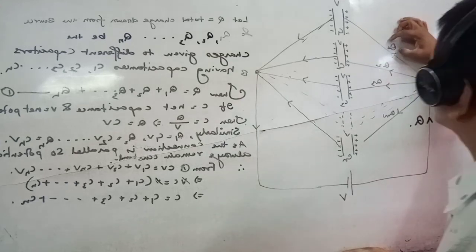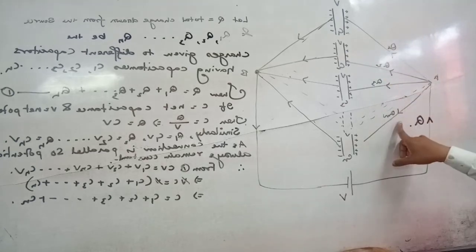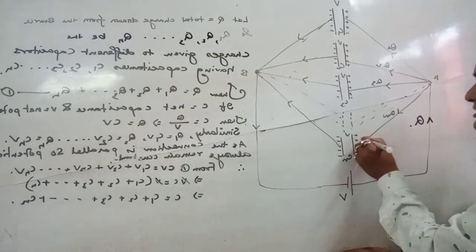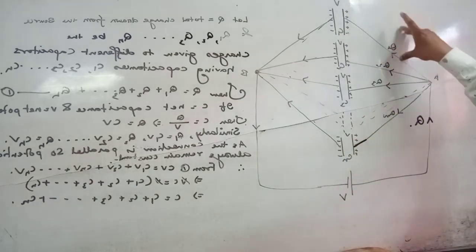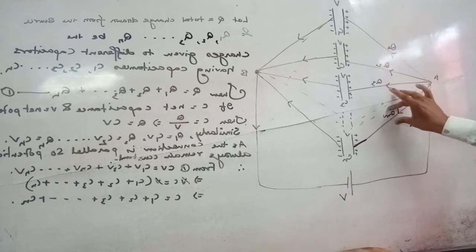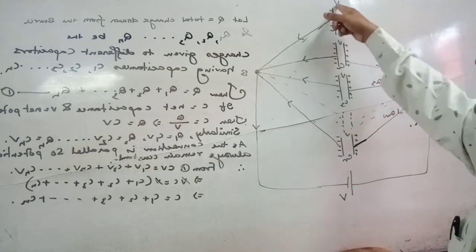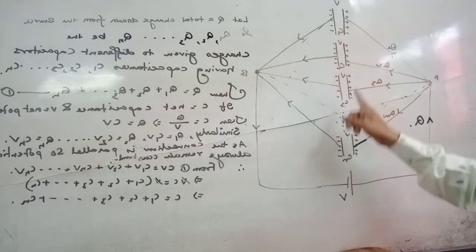The charge is Q1, Q2, Q3 up to Qn. Is it clear? It will distribute to all the capacitors, the charge is Q1, Q2, Q3, up to Qn. Is it clear? And as it is connected in parallel, we can say the potential of the system always remains constant.